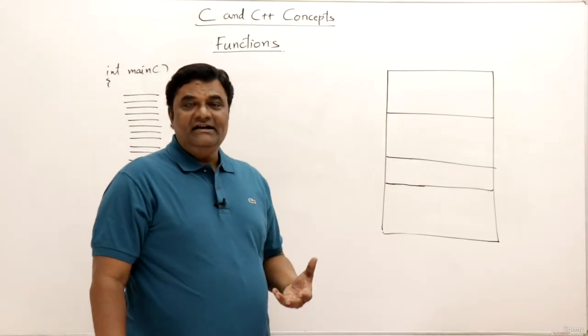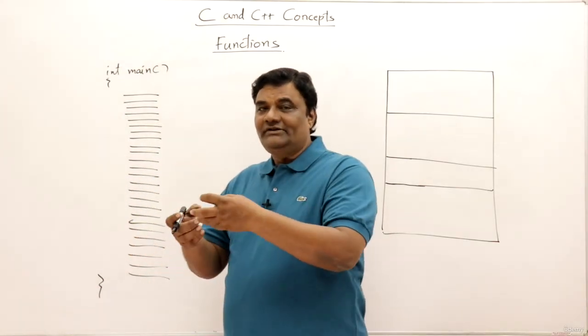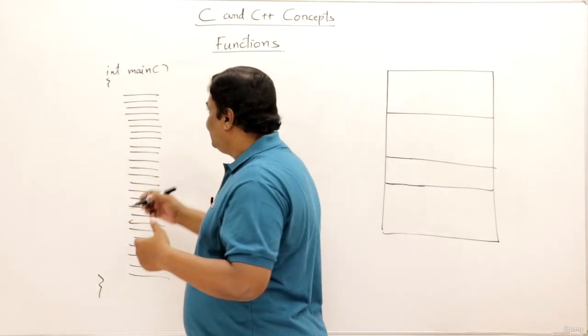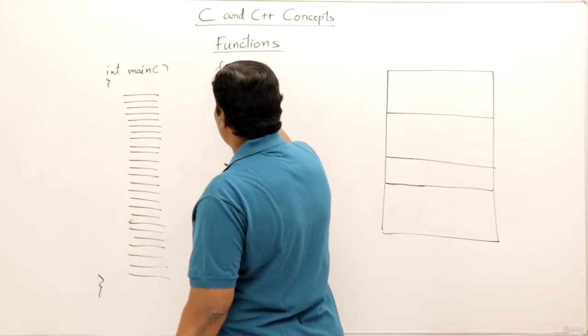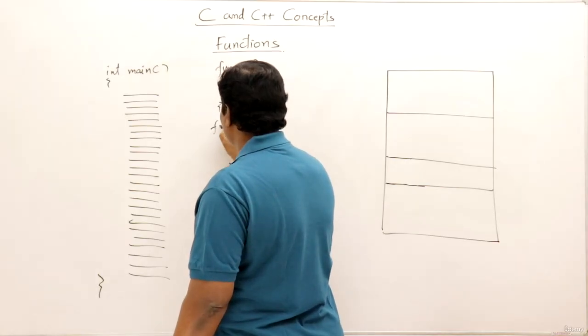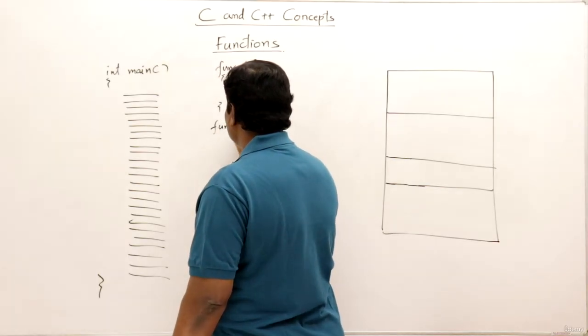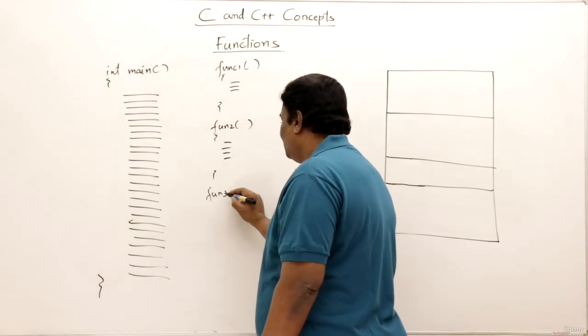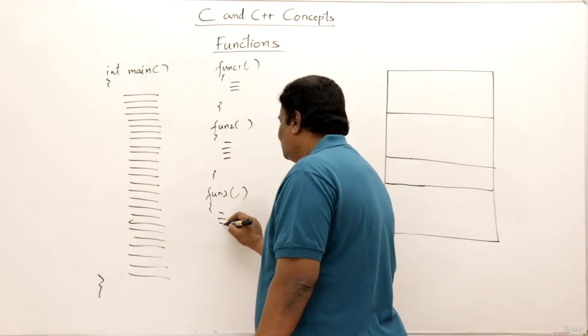So if we find that this program can be broken down into smaller tasks, we can break them into the form of functions. Suppose the first function, function 1, performs some task, and another function, function 2, performs some task, and similarly I can have function 3 performing some task.